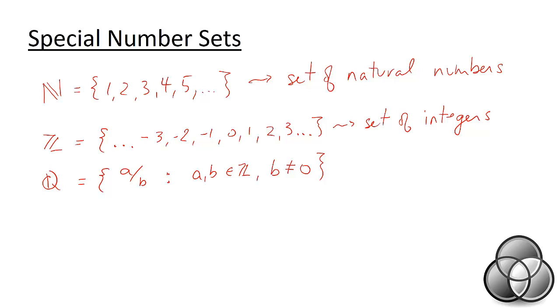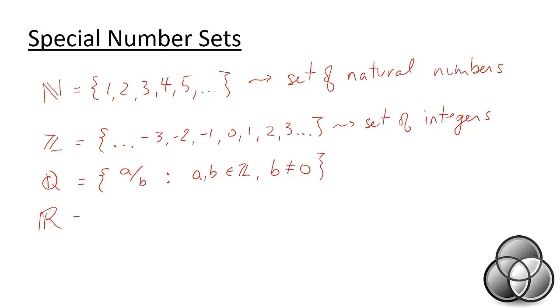The set of rational numbers includes all positive and negative fractions, and in this case we have to use set builder notation to describe the set. And we can read this as the set of all numbers of the form a over b, where a and b are integers and b is not equal to 0. We'll definitely return back to this definition a little bit later.